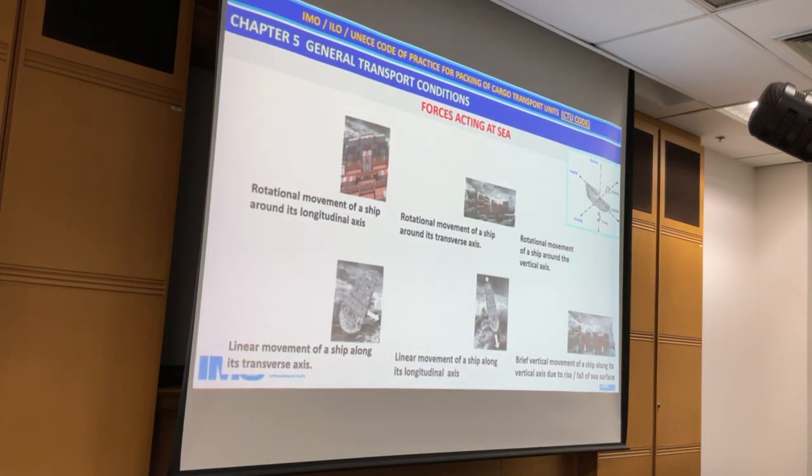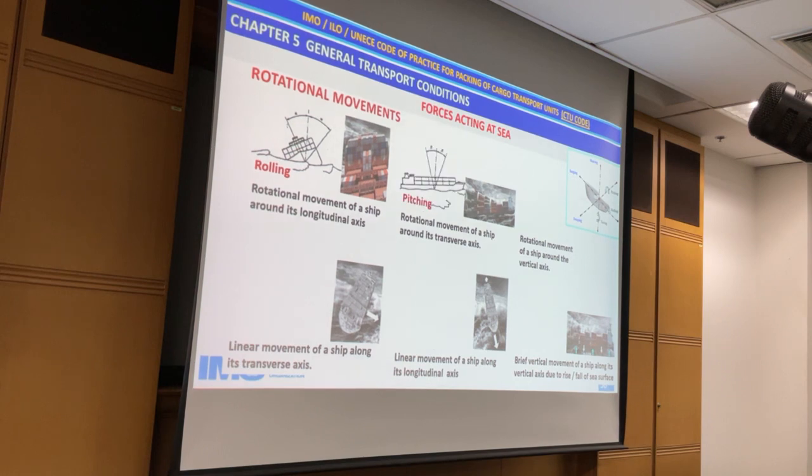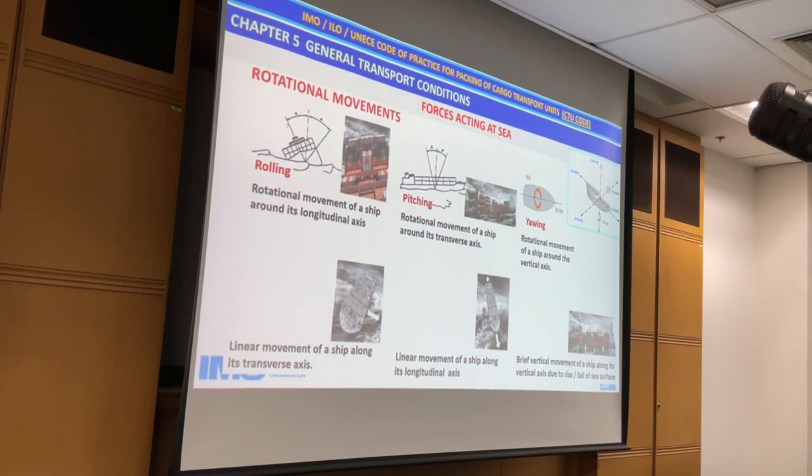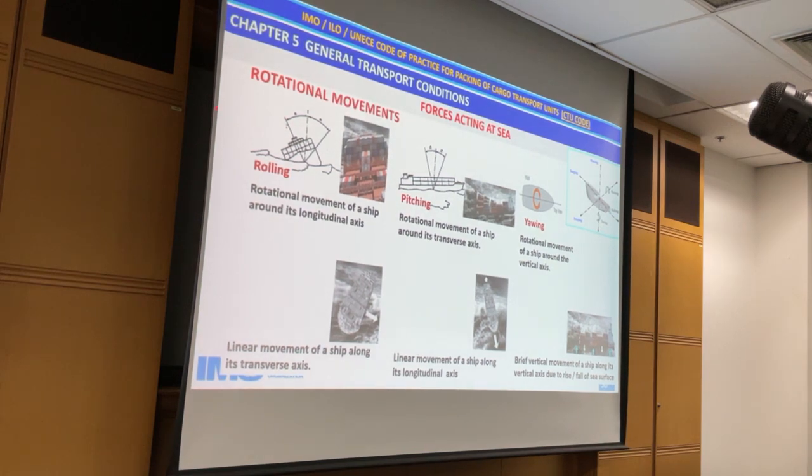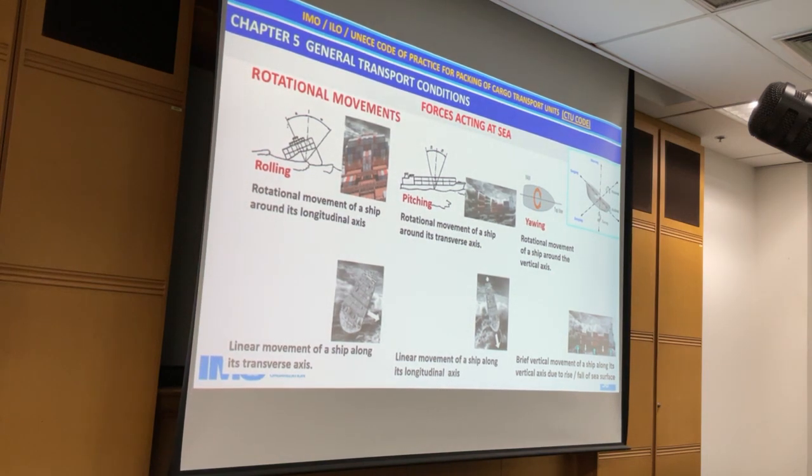Forces acting at sea, we have both rotational, which means an angle is introduced, rotational movements, rolling of a ship around its longitudinal axis, this angle, rolling. Pitching is from fore and aft, around this transverse axis. Yawing is rotational movement of a ship around the vertical axis, like this.